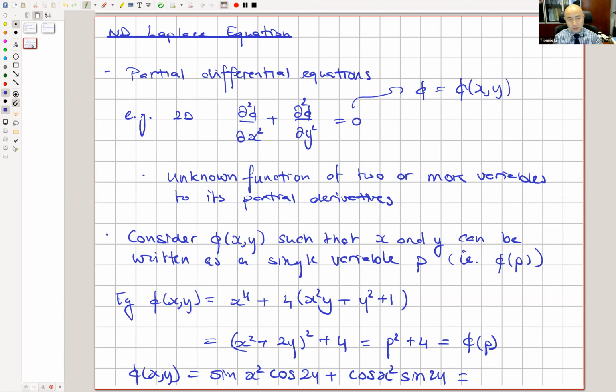Equals x squared plus 2y. Sine. So consensus here more or less. Everyone's answers being some form of x squared plus 2y.